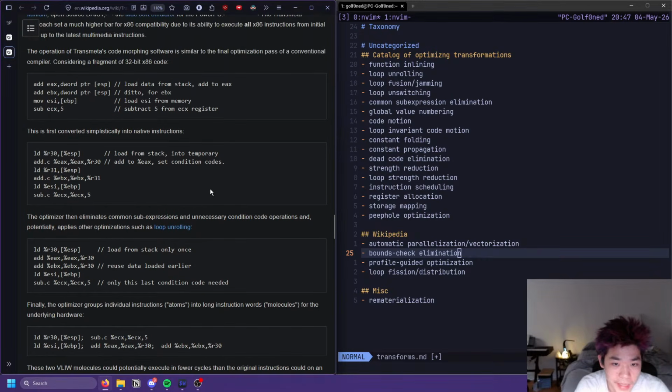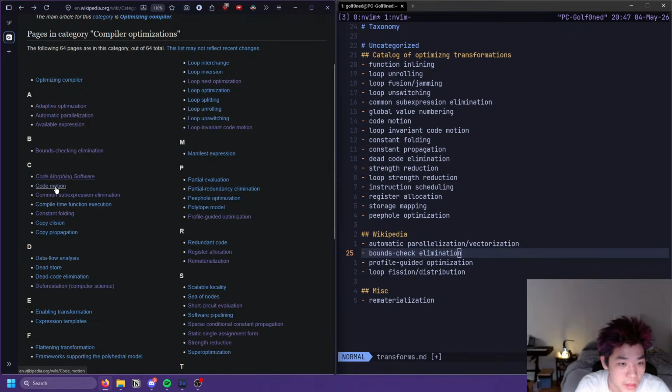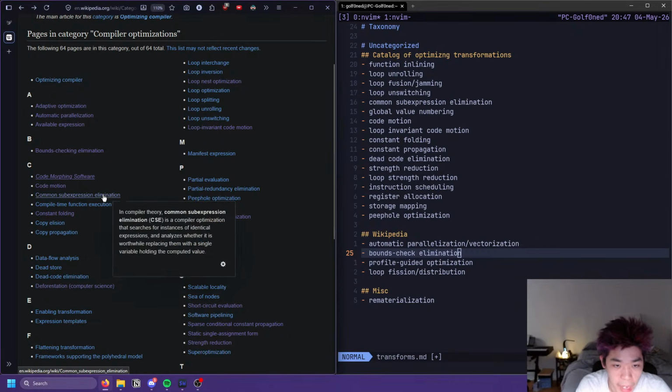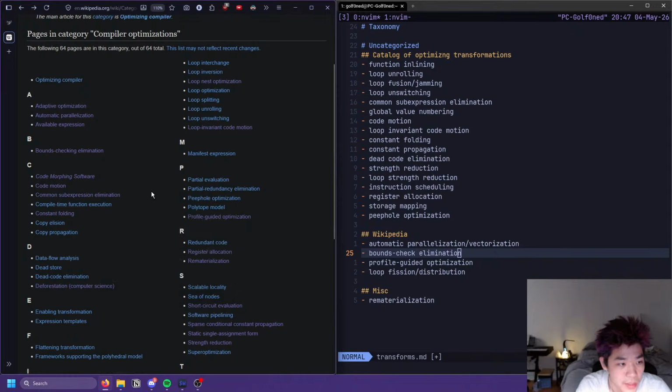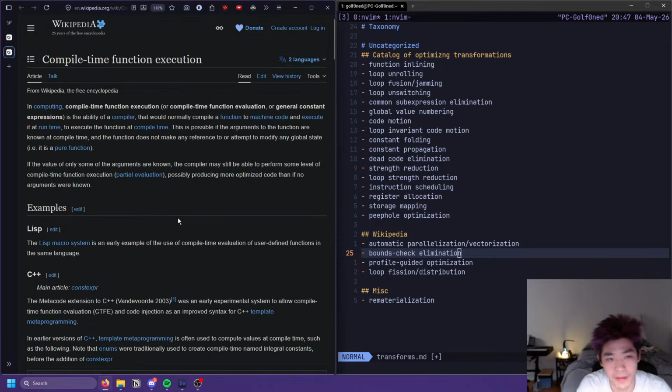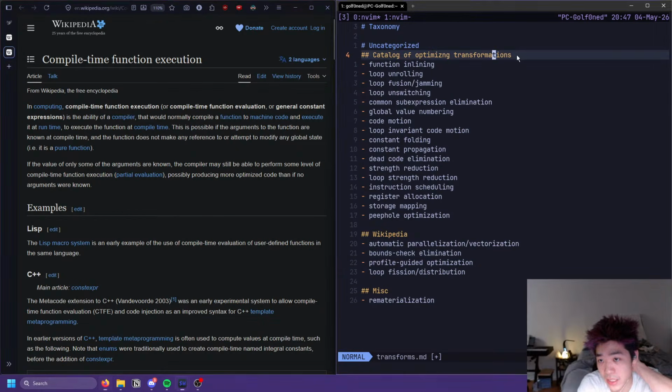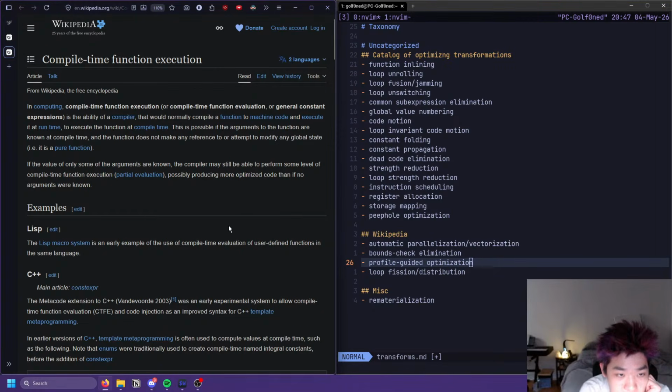What the hell is happening here? Okay. Code motion we have. Common subexpression, blah, blah, blah. CSE we've done. Yeah, we're looking at optimizations. We've exhausted this paper. We're looking at Wikipedia now because there's a lot of interesting stuff.